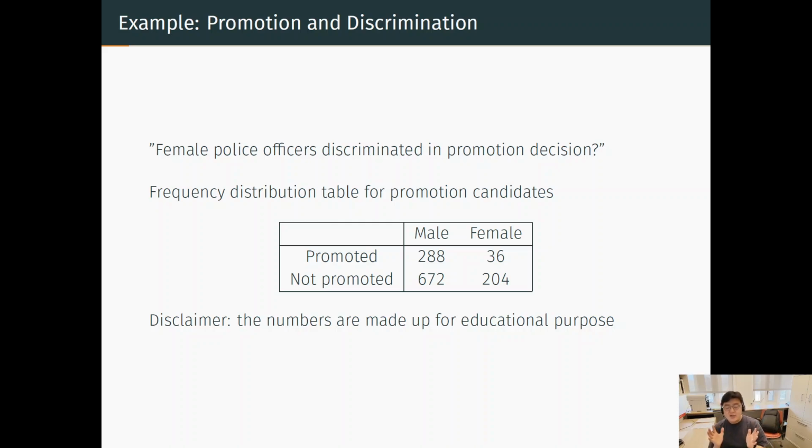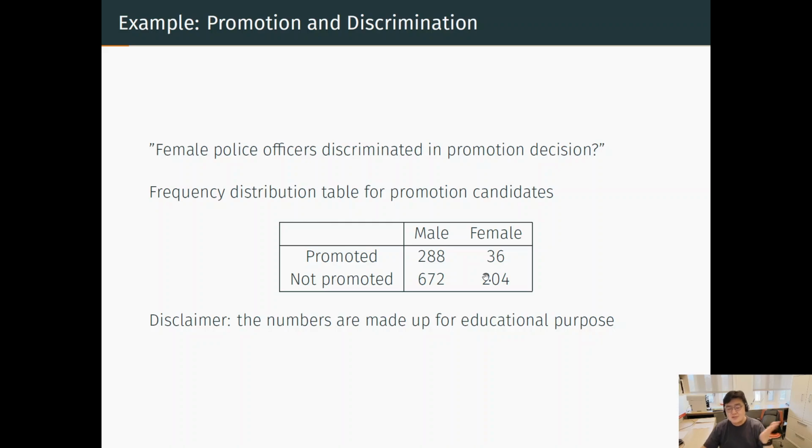Suppose that you have data, the frequency distribution table for promotion candidates, and their results are given in this 2x2 table, right? 288 male police officers are promoted in the data, and 672 male police officers are not. 36 female police officers were promoted, 204 were not.